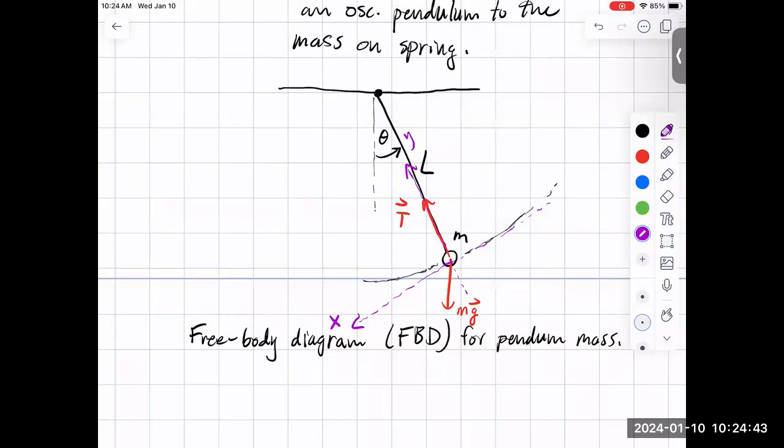So what we're going to do next is break our forces, or decompose our forces, into components that are aligned with our coordinate system. So let's decompose forces into x and y components.